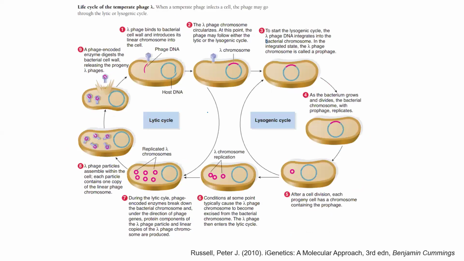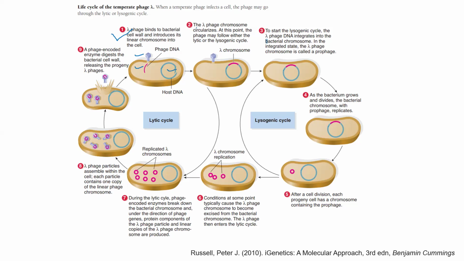Let's see the next life cycle, of a temperate bacteriophage, for example lambda phage. The other temperate phages as well. So temperate phages have a choice to go under the lytic or lysogenic cycle. In this case, step 1, this lambda phage binds to the bacterial cell wall receptor sites and introduces its linear chromosome into the cell. This is a host cell and host DNA.